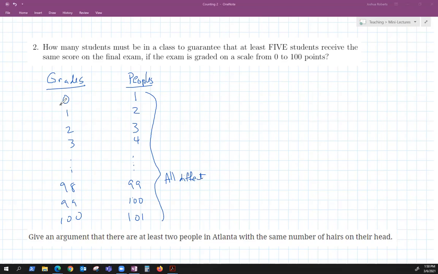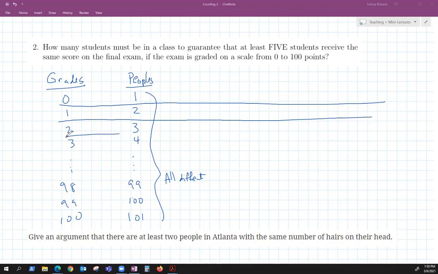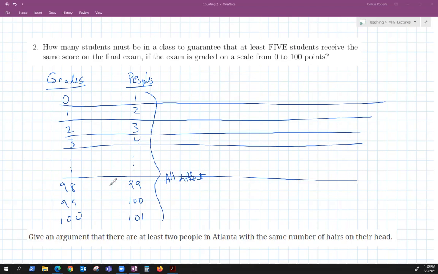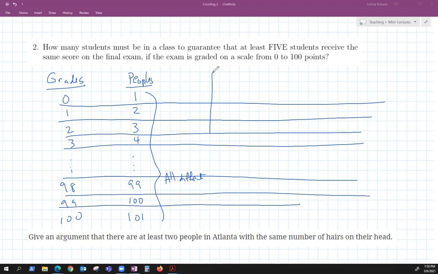Okay, let me draw some lines here so we can keep track of what's going on. Now, my 102nd person could score 0, the 103rd, 104th, 105th, and so on, down to, what is this going to be?